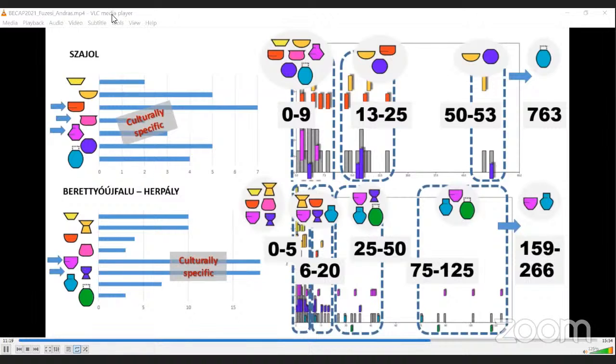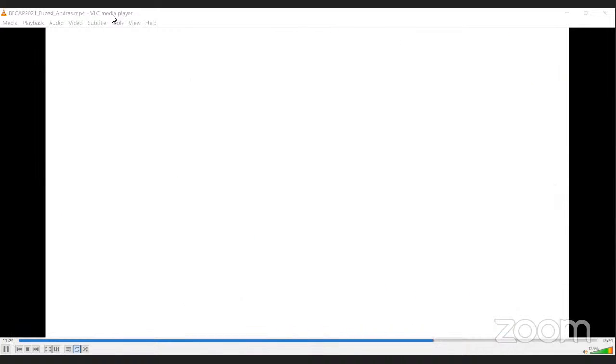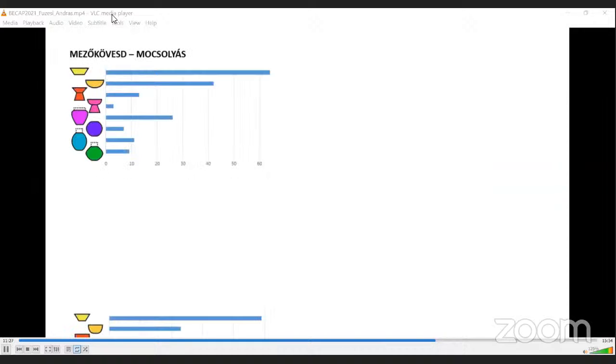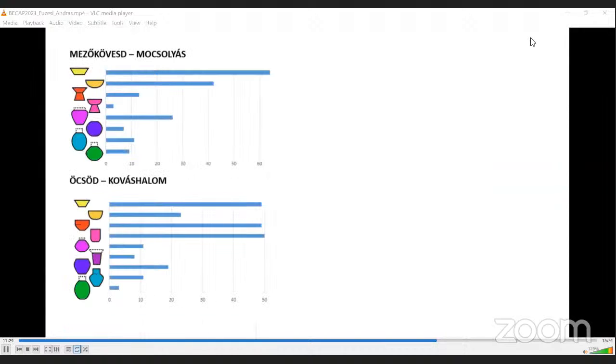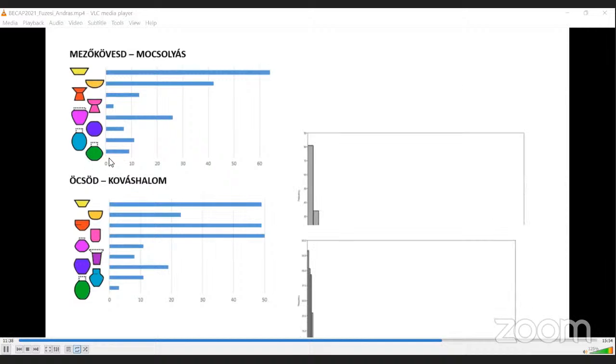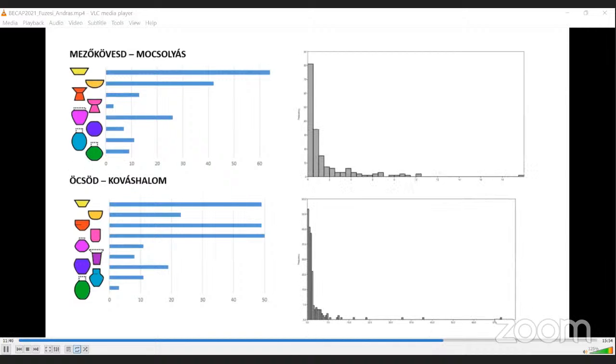At both sites, the large amount of complex shapes that usually occurred in the smaller size ranges is striking. In the assemblages representing the ceramic material of an entire site, a more homogeneous picture emerges due to the higher number of cases and the compensation of the smaller differences between the households.